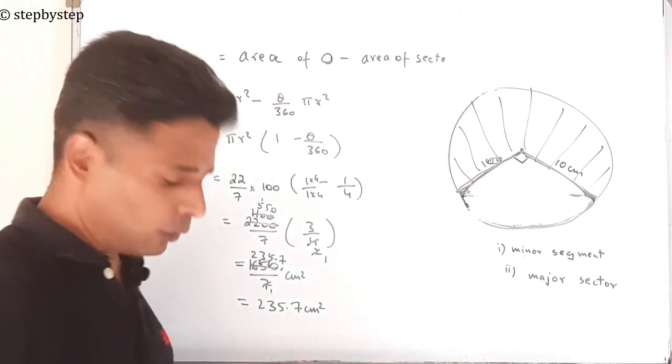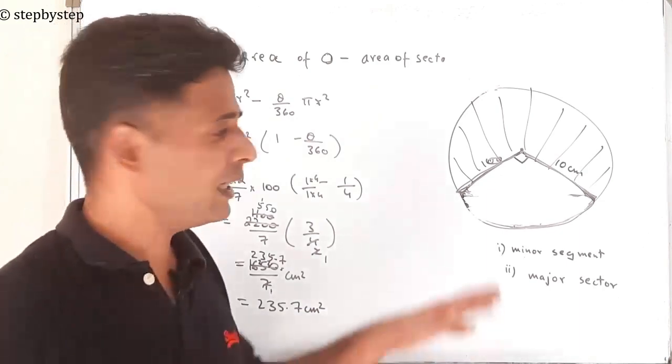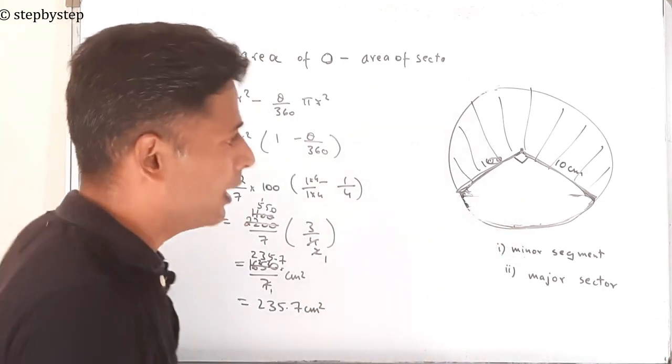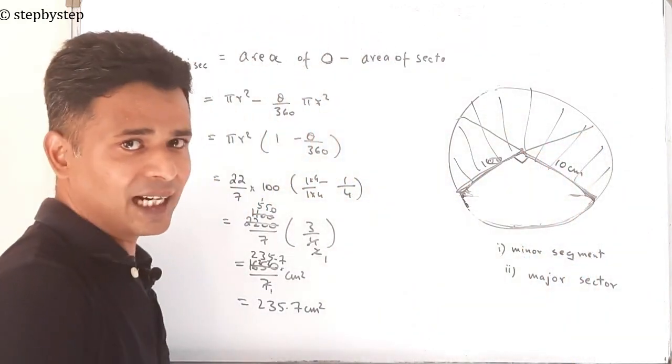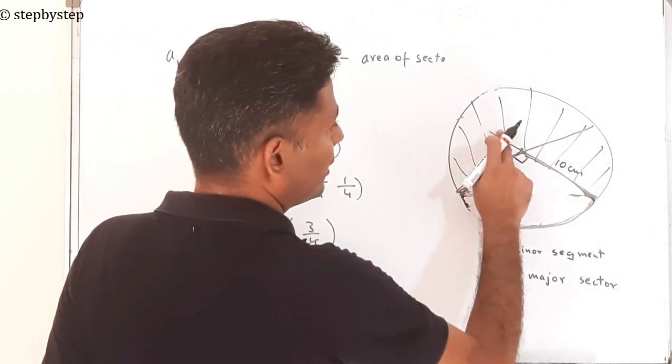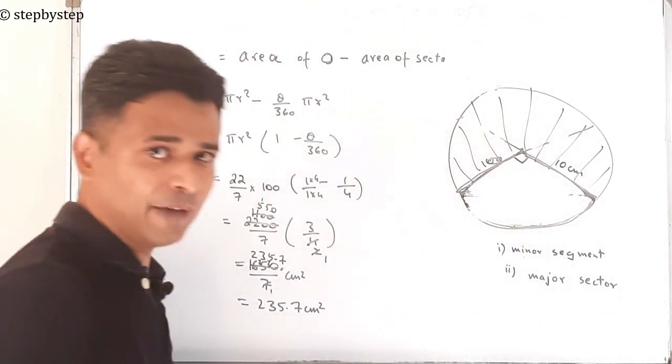But guys, I don't know how many of you might have realized it, but we could have done this problem another way. Now see, how many quadrants does it have? 4 quadrants, right? Any circle has 4 quadrants. Now the major sector in this case has 3 quadrants because 1 quadrant is left out.